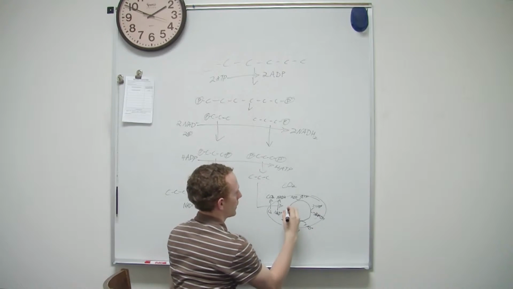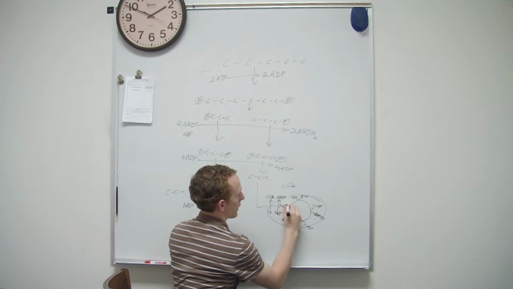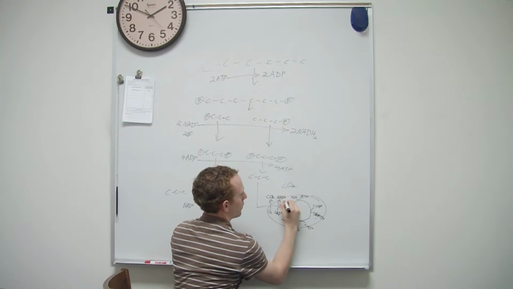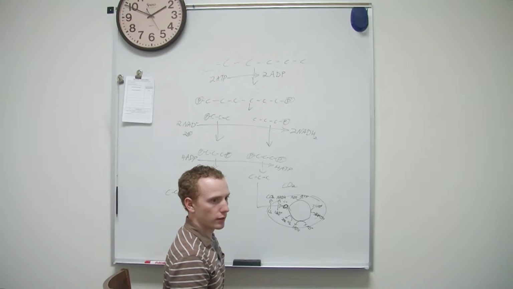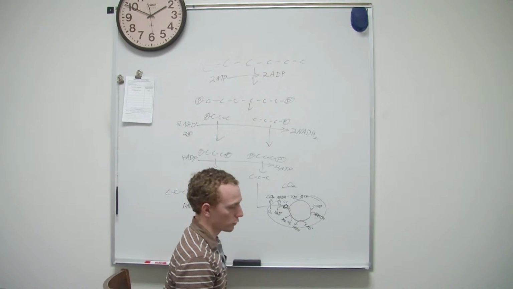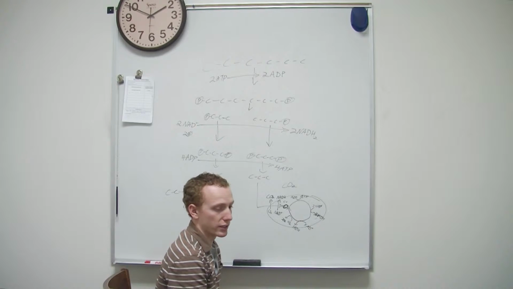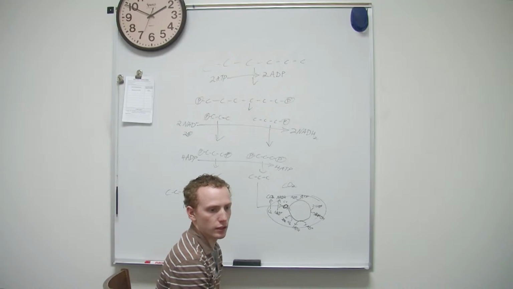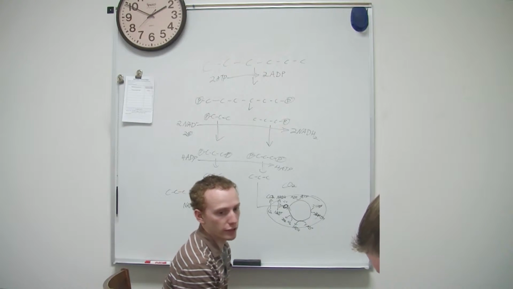One real quick thing that we didn't write right here: we have acetate, or an acetyl group. Then an enzyme comes in, CoA, coenzyme A, to create acetyl-CoA.